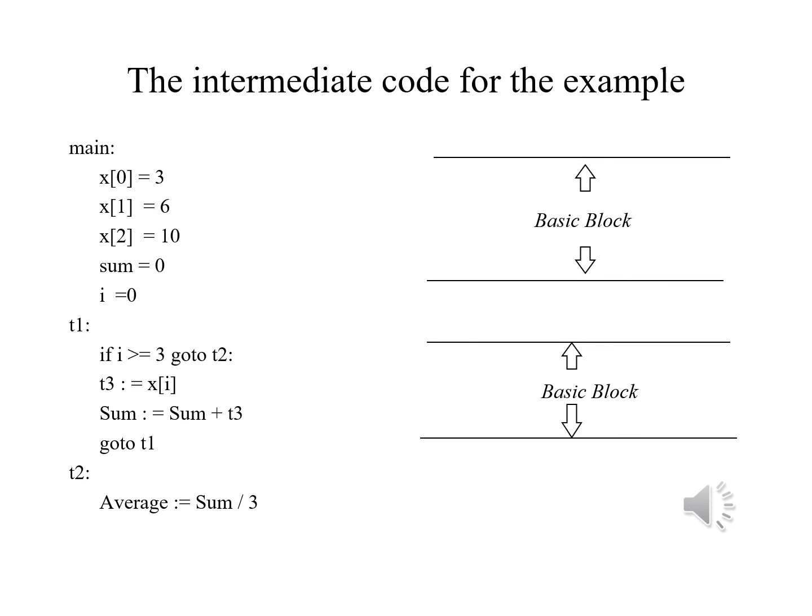If I is greater than or equal to 3, go to T3 has as its operation if greater than or equal to go to, and its operands are I, 3, and T2. Sum is equal to sum plus T3 has as its operation add, and its 3 operands are sum, the new value, sum, the previous value, and T3.